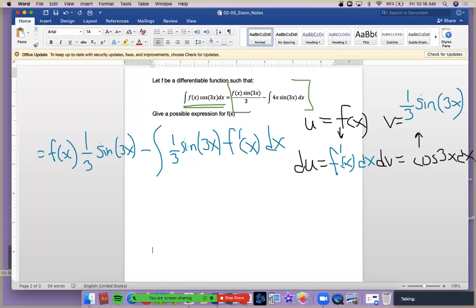Now here's what I believe a strategy to solving and answering this question is: let's match up our attempt at integration by parts with the question itself.